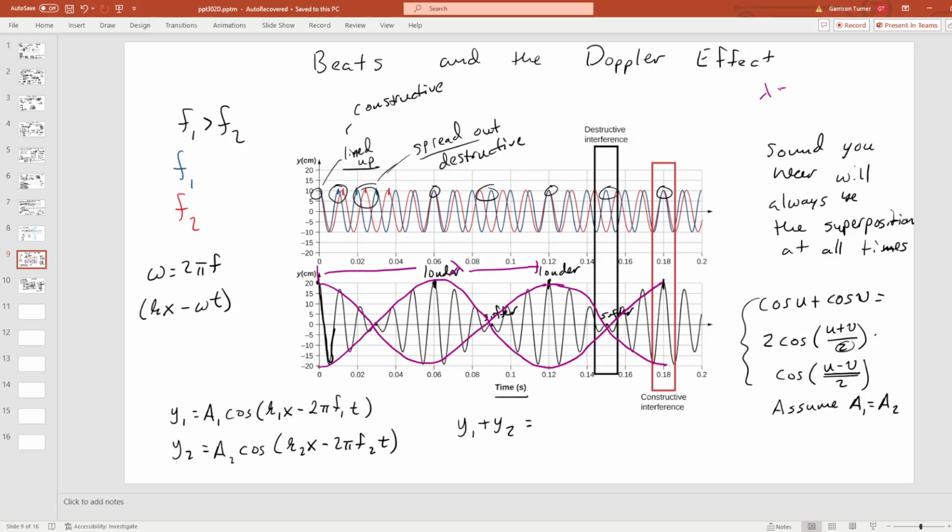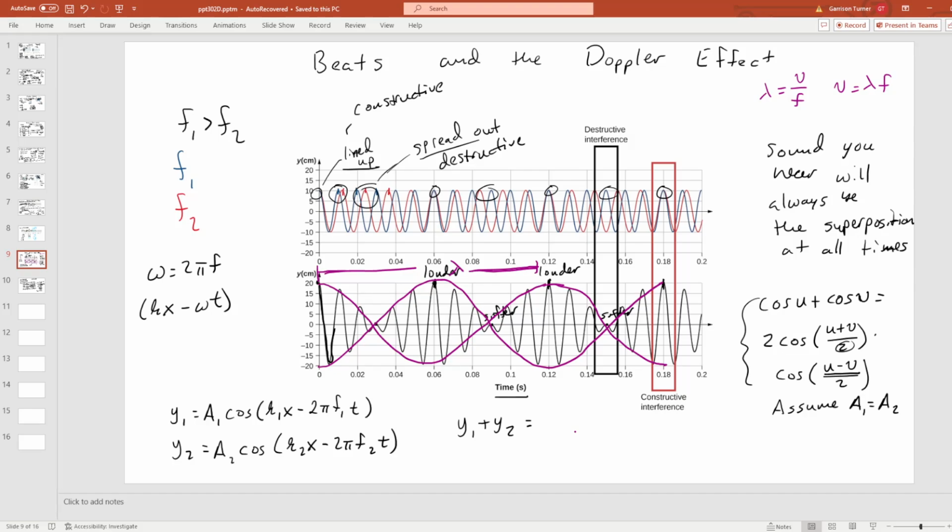But lambda equals your velocity over your frequency, or v equals lambda f, right? And so there's a frequency that's associated with this. And this is your beat frequency. So the frequency that's associated with this wavelength is your beat frequency.